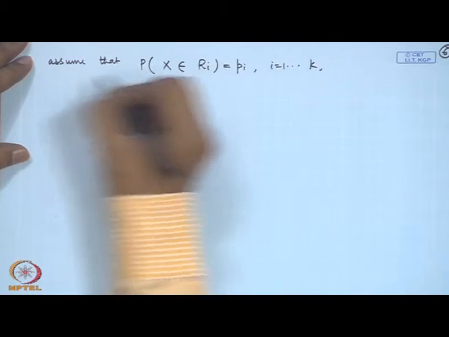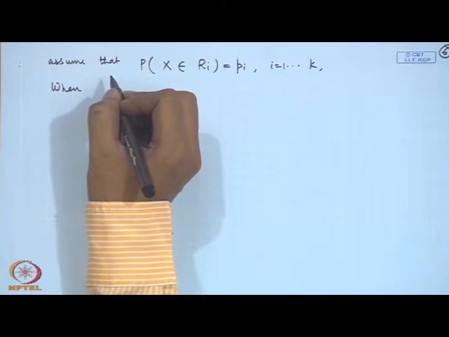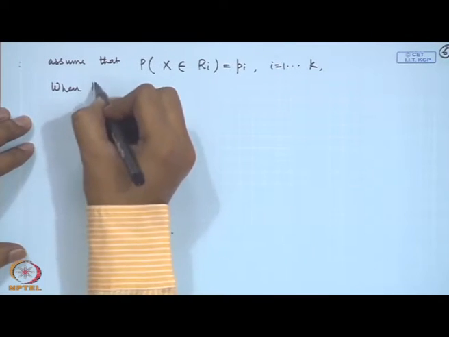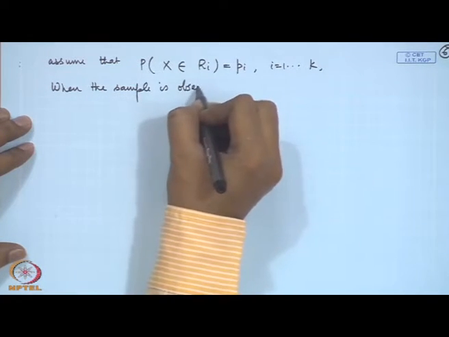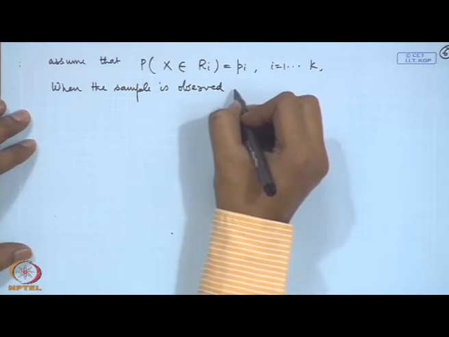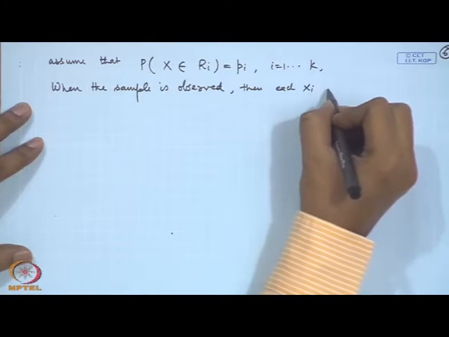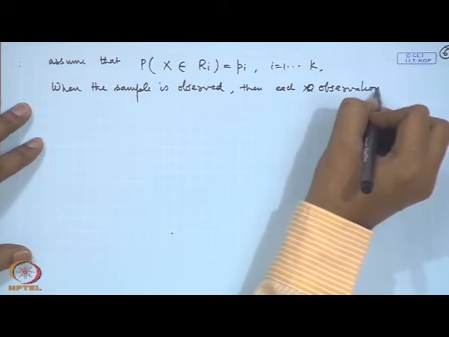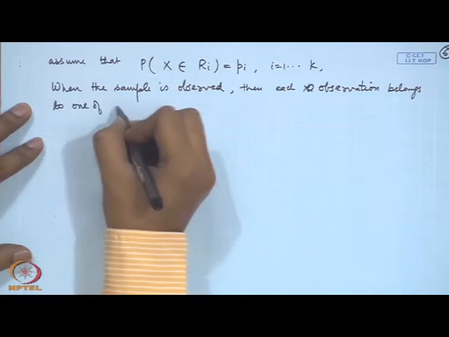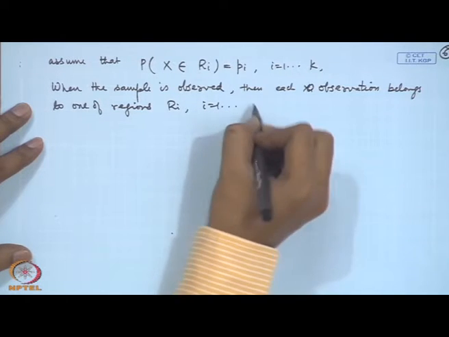Now, what we consider when the sample is observed, then each x i, each observation belongs to one of the regions R i, i is equal to 1 to k.